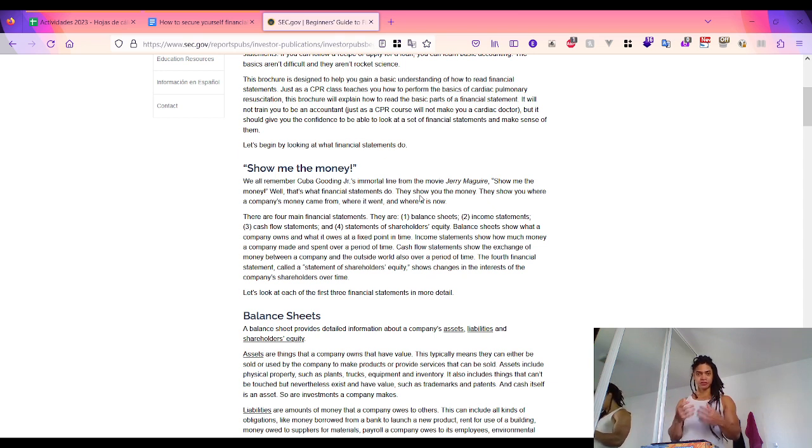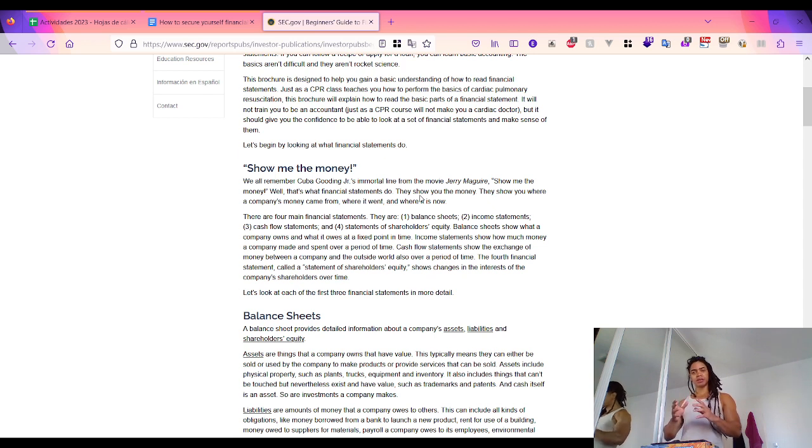So the income statement shows how much revenue a company made and the associated cost and expense of earning that revenue in a period of time, quarterly or annually. At the bottom of this statement, usually called the bottom line, you know how much money a company made or lost.